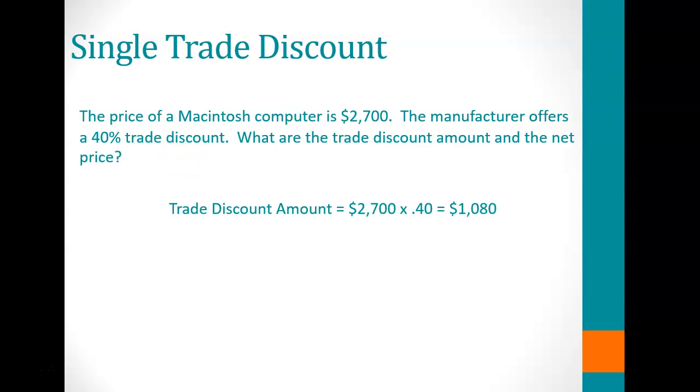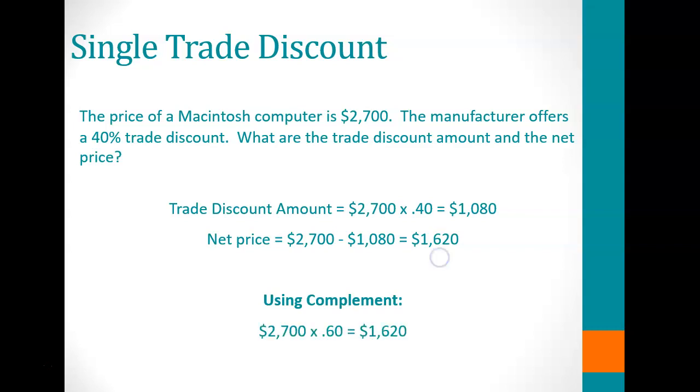First, let's compute the trade discount. You multiply the list price of $2,700 times the 40% to get a trade discount of $1,080. The net price is the list price minus the trade discount, which gives us a net price of $1,620. So you would pay for this computer after discount a total of $1,620.